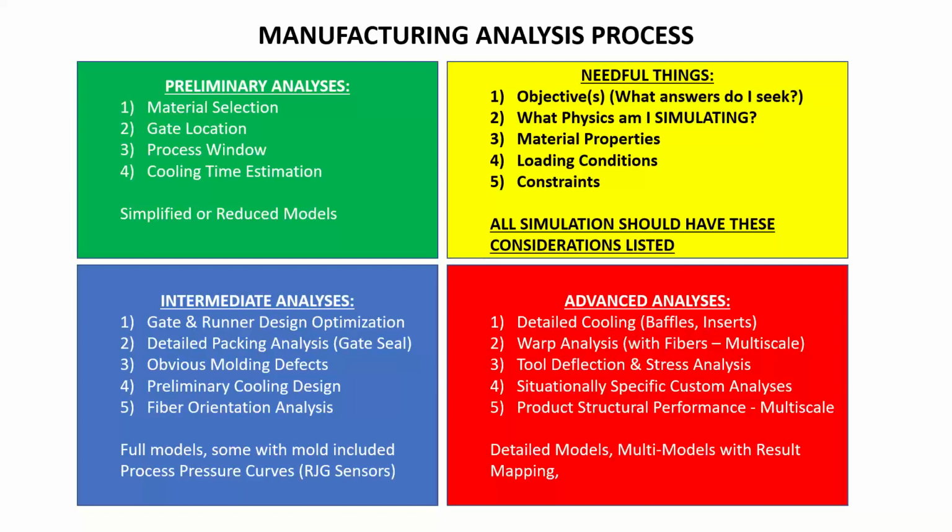So it's good to understand not just the polymer materials involved in your simulation. Sometimes when you get to these more advanced, more detailed analyses, you've got to get to know some of the tool materials that these molds are made from.